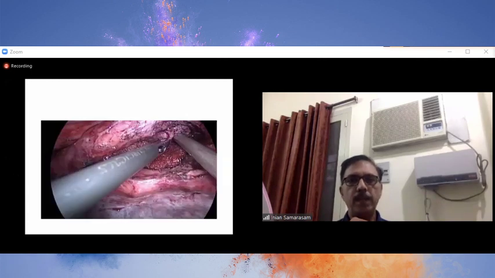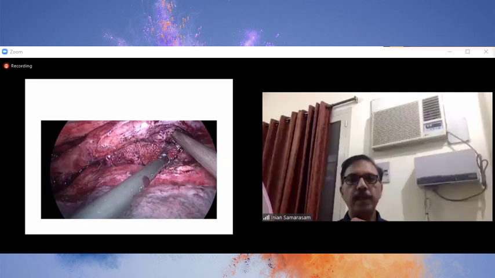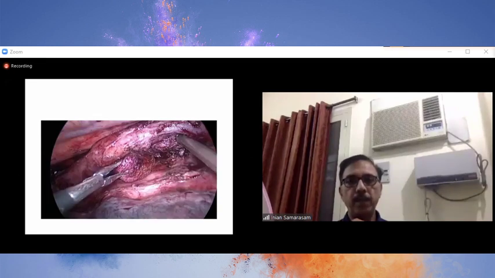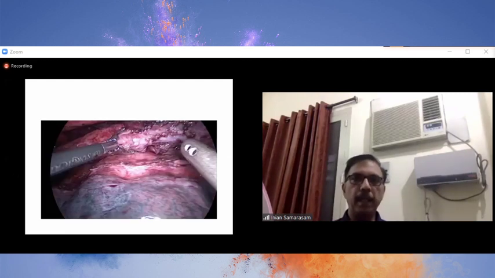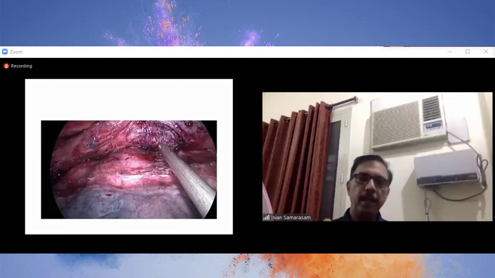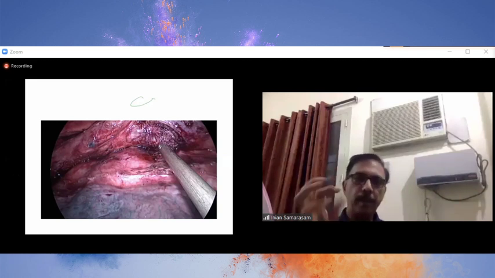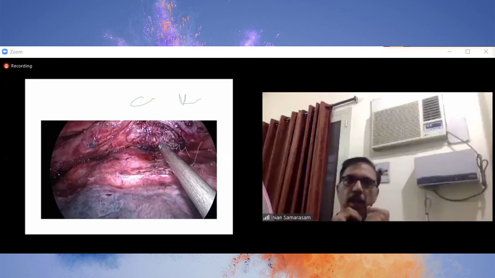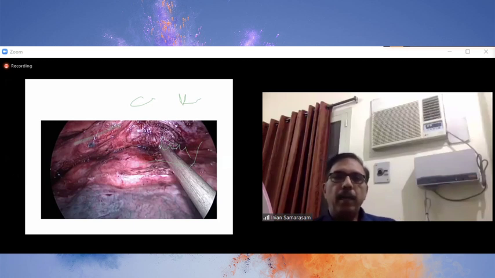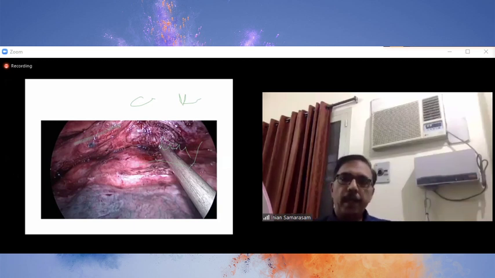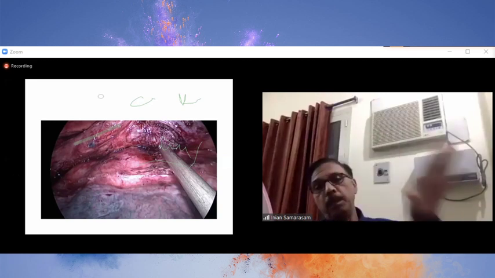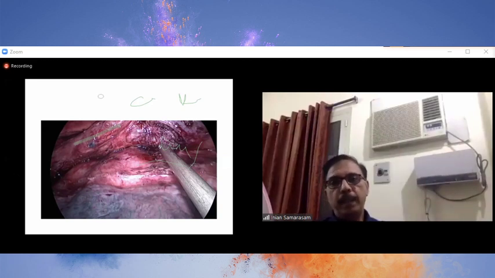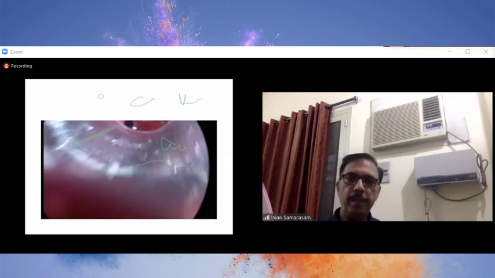And once that was done, then this bleeding here thankfully stopped. So I just put this on because bleeding intraoperatively can be quite scary, quite daunting. But you need to be calm, you need to be composed, and most of the time you will be able to control it, but be prepared to open if necessary.